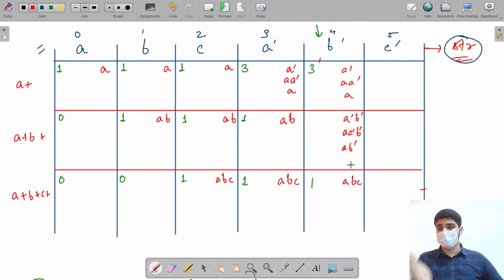Or I can come after A plus B plus subsequences, which are AB. So I can have A, B, B dash. And another possible subsequence is that I don't come after A plus B plus type. That means I would just have AB over here. So if you see, we have a total of five subsequences, right?